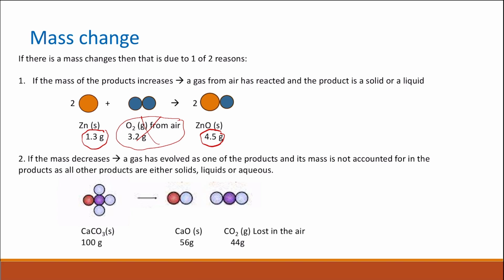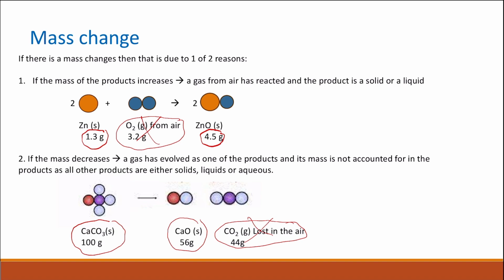For example, if you heat calcium carbonate and there is thermal decomposition, the calcium carbonate is a solid, and that will give you calcium oxide as a solid and will give you carbon dioxide. Carbon dioxide is a gas and it's lost in air, so you don't account for its mass when you do your measurement.